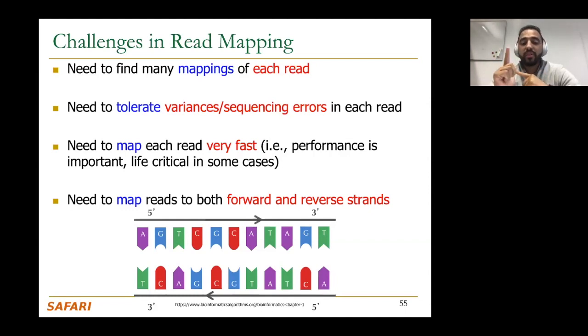We also need to remember that the goal of genome analysis is not to read your DNA, but to find the differences. So one step to find these differences is to read your DNA, but at the end, you need to find the differences. While you are reading DNA and constructing this puzzle and solving it, you need to tolerate the variation you have and the sequencing error in each read. So you don't look for exact matches between every piece and the reference genome as you do in a puzzle. In a puzzle, it should be exactly matching.